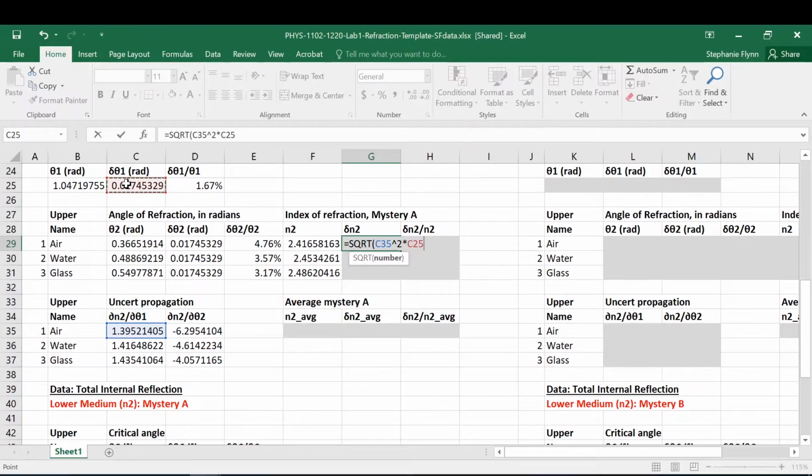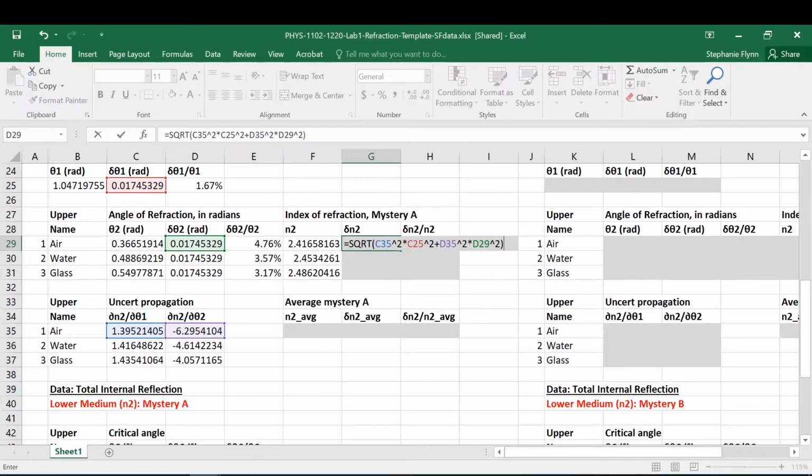So that's this value here. That's going to be squared plus the second partial derivative squared times the second theta uncertainty in radians, also squared.